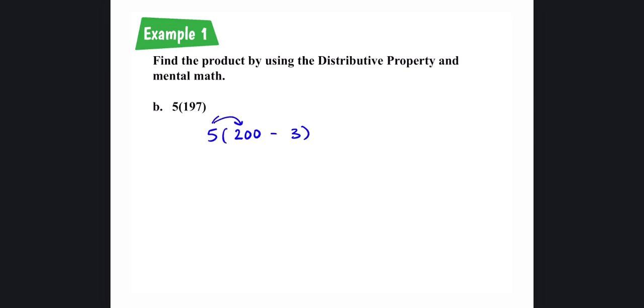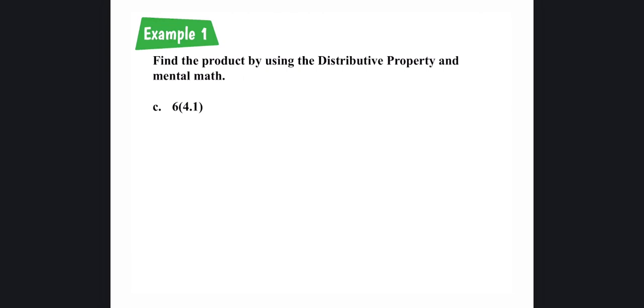We will multiply each term in the parentheses by 5. First, we will solve 5 times 200, then subtract 5 times 3. 5 times 200 is 1,000, and 5 times 3 is 15. 1,000 minus 15 is 985. So 5 times 197 is equal to 985.